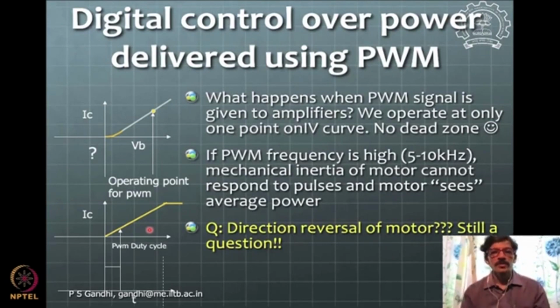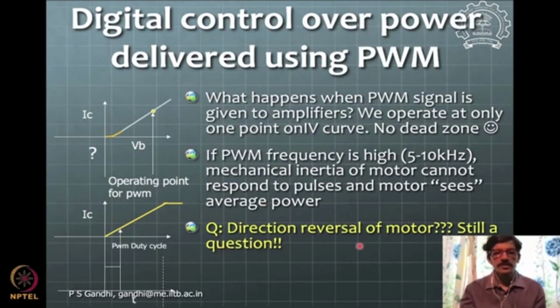So the mechanical inertia of the motor does not respond to these pulses, we make use of this fact, and the motor sees only the average power delivered. This is how this fundamental principle is used for driving all your actuators in a very noise-free way. And how do we reverse the direction?